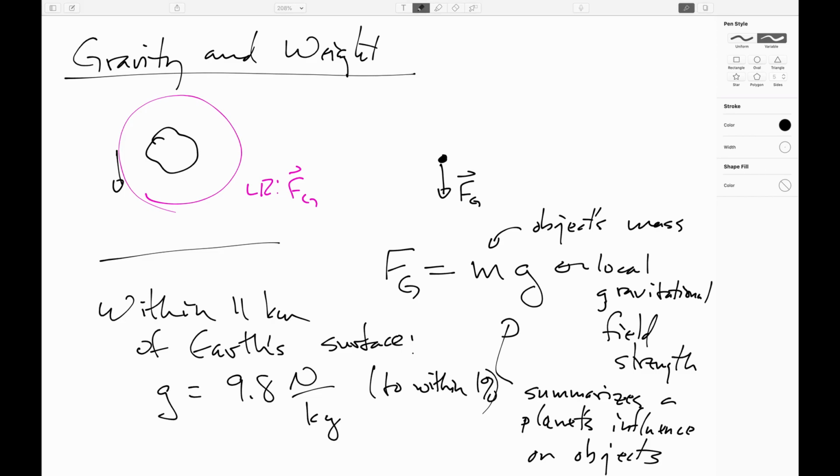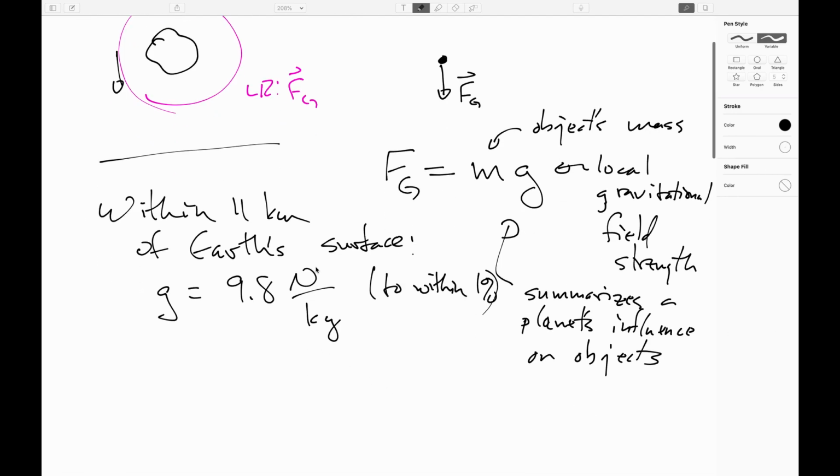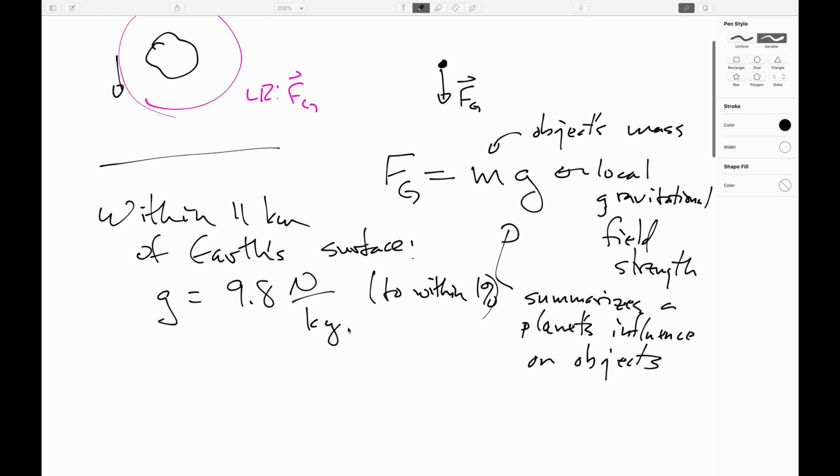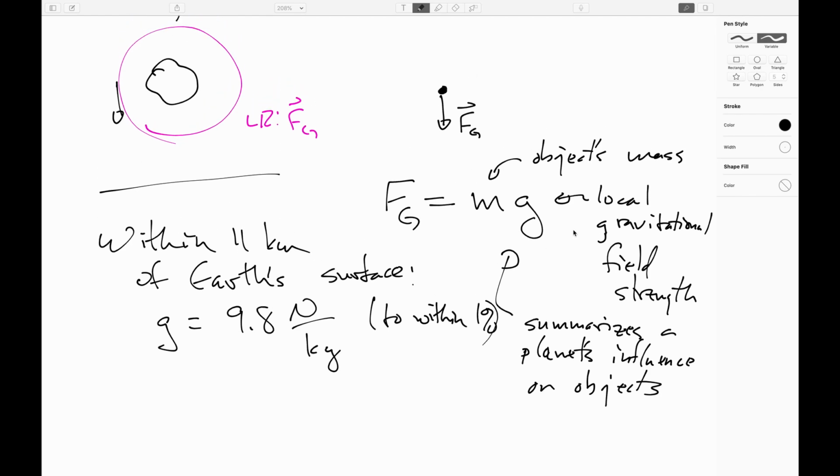All right, now notice how I wrote the units. I wrote the units newtons per kilogram, and that's because it makes sense. I'm getting a force out, that's newtons. And the thing that dictates how hard gravity is going to interact with the object is the object's mass, kilograms. So this needs to be newtons over kilograms.